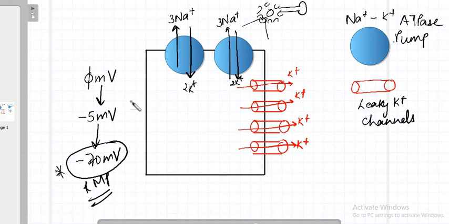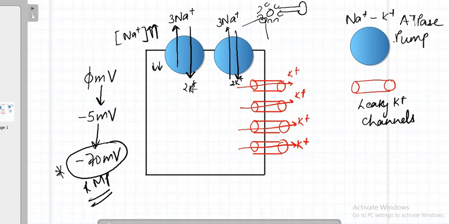That's the one function of the sodium potassium ATPase pump. The second function is that these pumps establish a concentration gradient for sodium and potassium. That is, it increases the concentration of sodium outside, because it is allowing 3Na+ to move outside, and inside it is making a less concentrated solution for sodium.